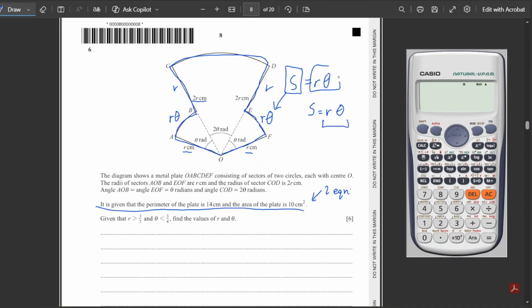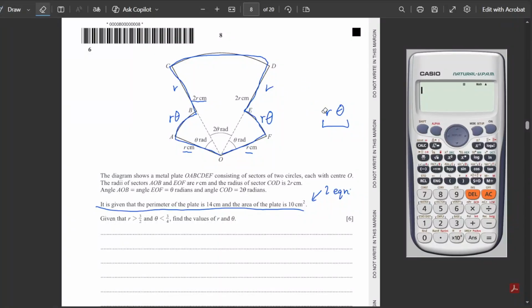Why not just do this instead? Because right now I'm dealing with the variable r and the variable theta. If I write s over here and s over here, I'm introducing another variable. Now I have 3 unknowns. Ideally, when you're solving problems, you want to keep your unknowns as few as possible. And if this can be expressed as theta and r, I should rather do that. Okay, therefore, I write r theta instead of writing s.